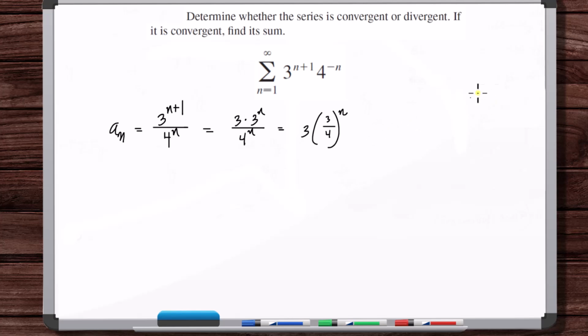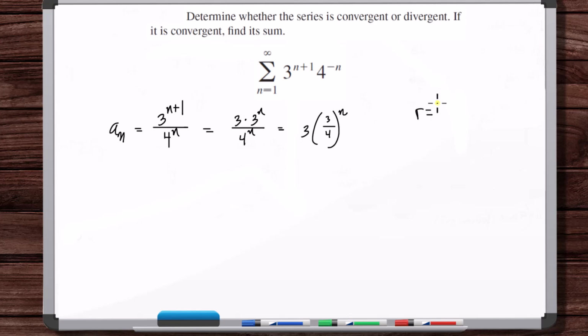Okay, but if we want to put it into that form where it's to the n minus 1 power, that's a nice form because then the coefficient is the first term. We would say, yeah, this is a geometric sequence or geometric series because it's a common ratio, right? We can tell from here that this is a geometric series because each time you're just raising the power on this common ratio here.